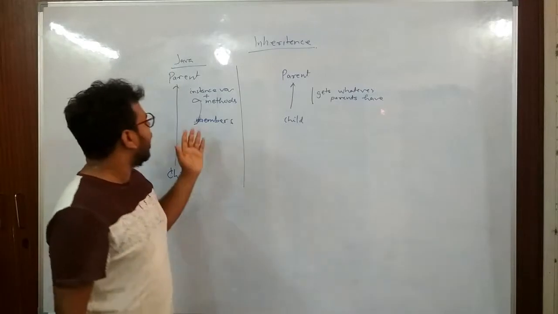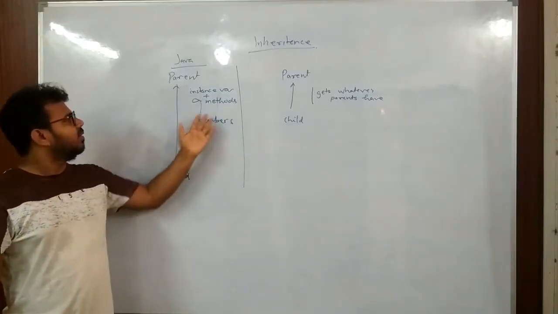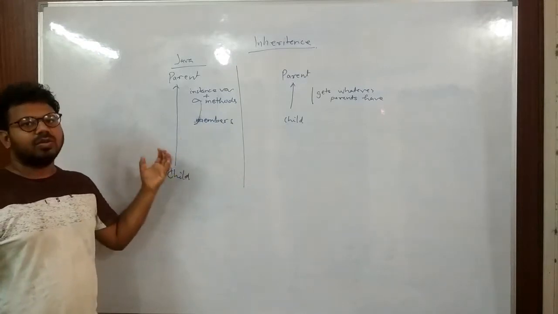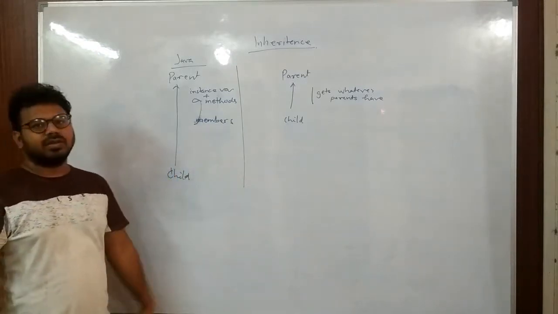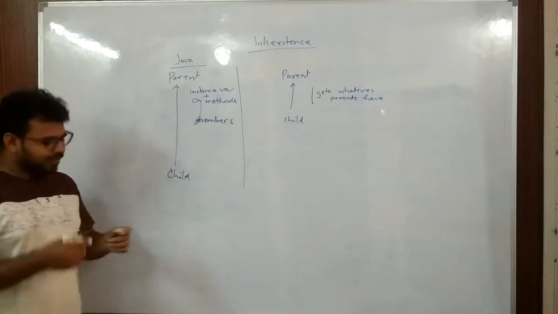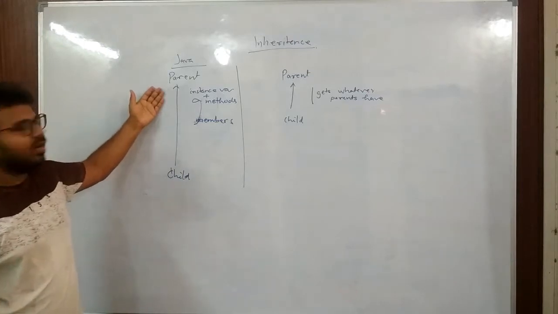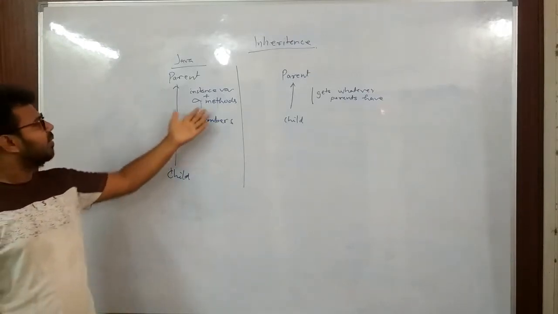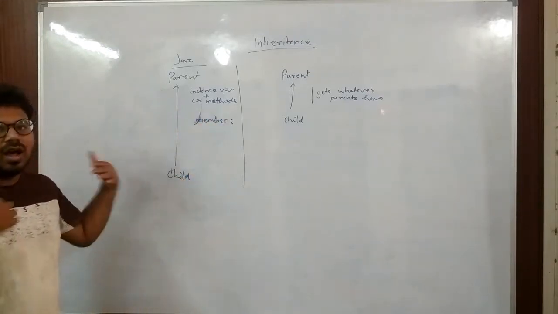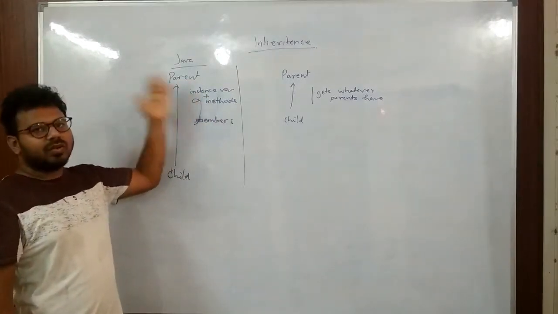Now, how does this child class get instance variables and methods? How does it get the properties? There is a concept, there is a keyword. So friends, do you wonder how a parent gives its instance variables and methods to a child, or how a child gets the instance variables and methods from the parent?